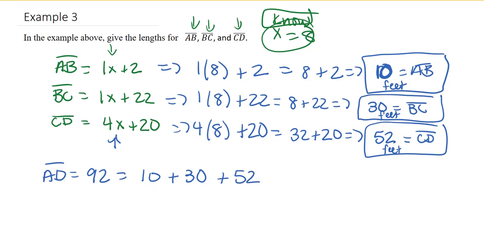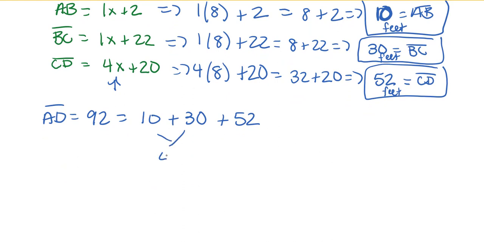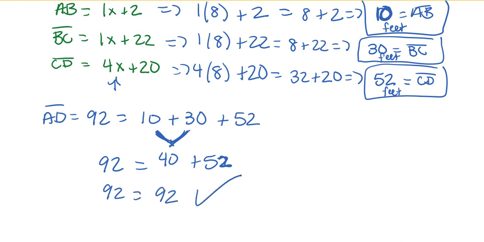Well, 10 plus 30, that's 40. Then if we add 52, that's kind of how I do it. I just make it simpler, and then I make sure I bring down all the other numbers. So 10 plus 30 is 40, plus 52, so 92 equals 92. This works. That means our answer is correct. So we did it right.